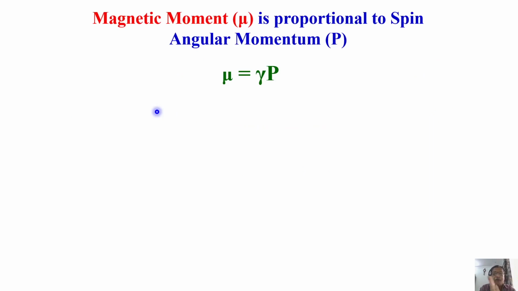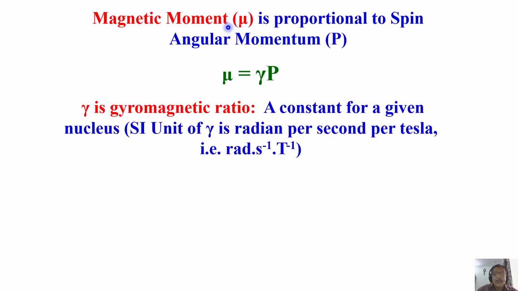The magnetic moment mu is proportional to angular momentum P, and the proportionality constant is given by a term called gamma. Gamma is the gyromagnetic ratio. It is constant for a given nucleus.